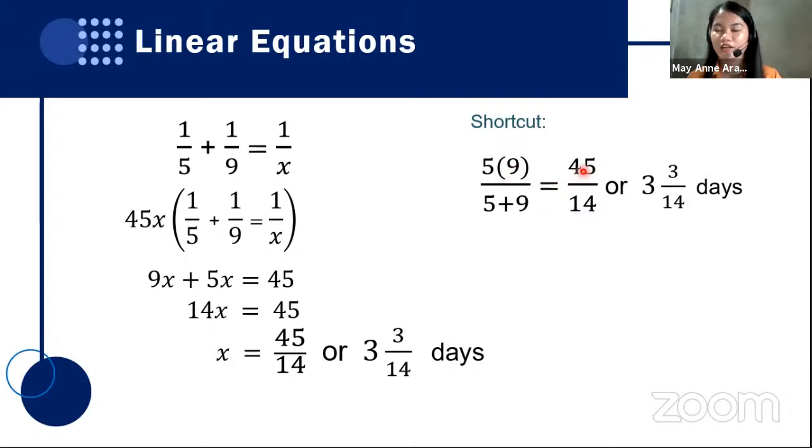So, in this case, 45 over 14. So, yun lang yun. Kasi ganun pa rin naman yung nangyayari dyan. Add sa denominator, multiply sa numerator. And then just simplify to a mixed number. Or divide nyo lang naman siya. 45 divided by 14.